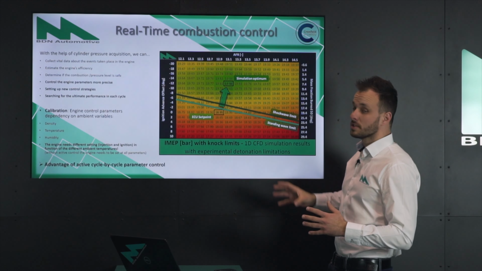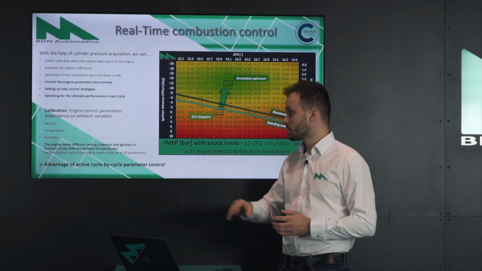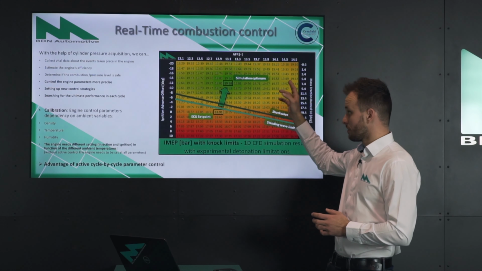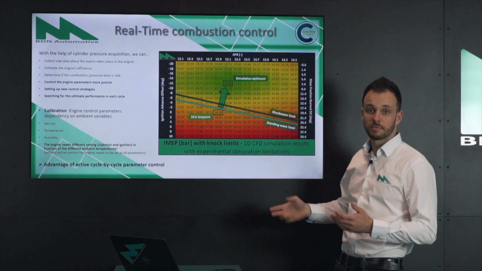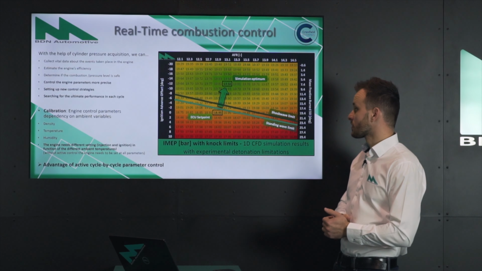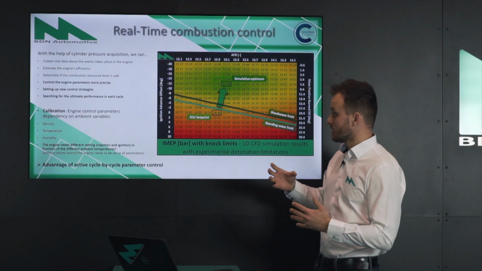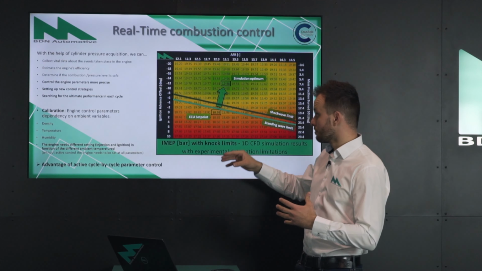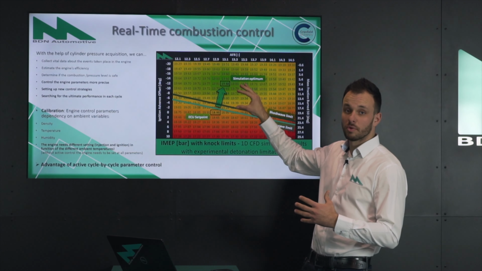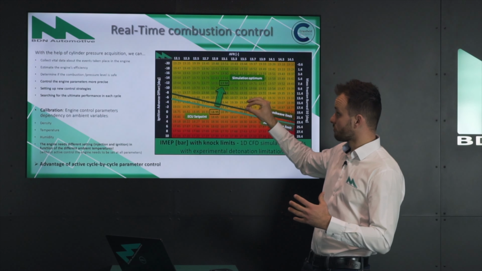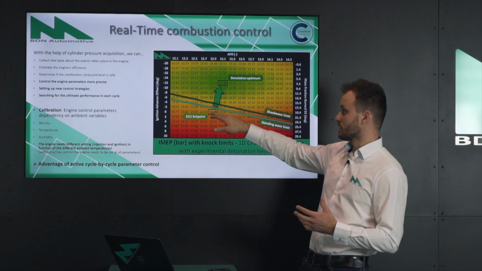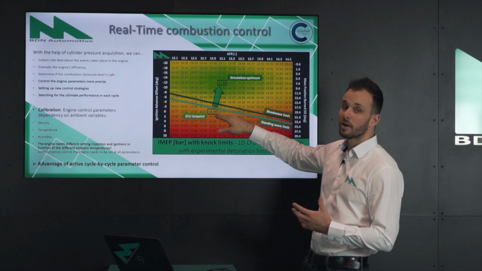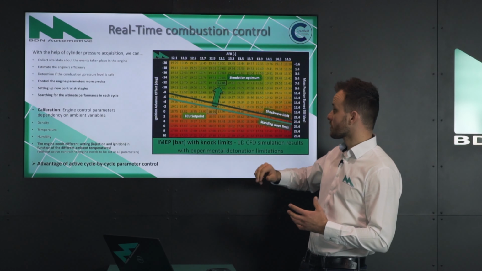On this screen, you see an IMEP plot versus ignition advance and AFR. Green means high performance, and red means low IMEP, aka low torque. Our system is basically moving around this table looking for the optimum performance. Let's say the ECU set point is currently here, which is 18.95 bar IMEP.